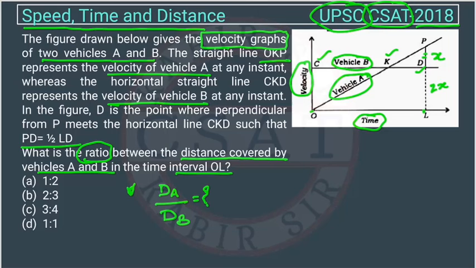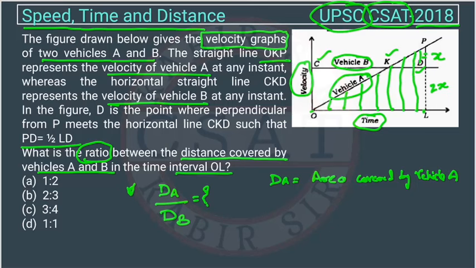Okay, so the distance traveled by A, dA. In this velocity graph, the distance traveled will be equal to the area. This is a concept, right? So the area covered by vehicle A. This is vehicle A, so this is the area covered by vehicle A, right?